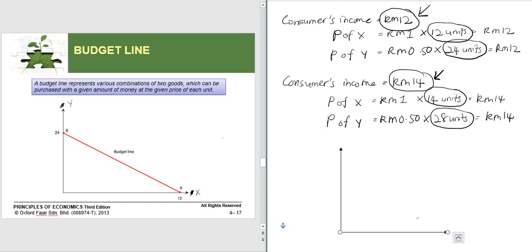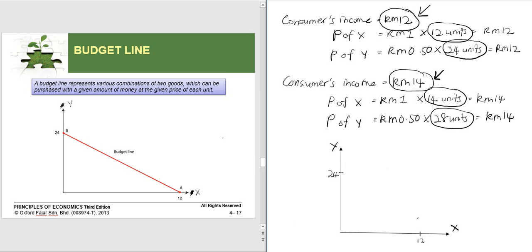This one is for product X, and this one is for product Y. Initially, when the consumer's income was 12 ringgit, the consumer was able to purchase 12 units of good X and 24 units of good Y. But after the increase in the consumer's income, the number of X and Y that the consumer can purchase is increasing.